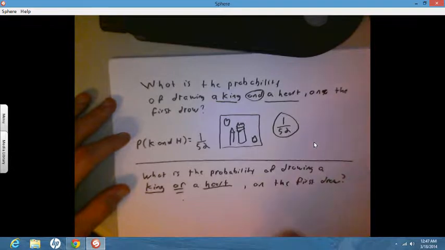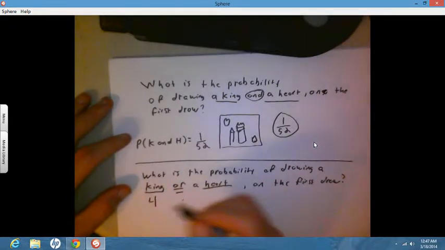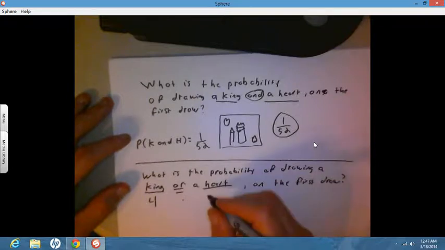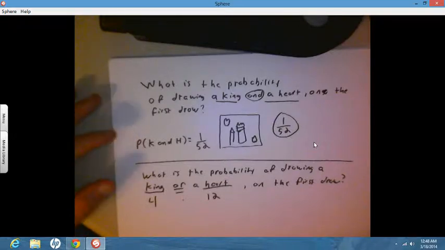How many kings are there? Well, there's 4 kings. And how many hearts are there? There's 2 through 10, and then there's Jack, Queen, King.